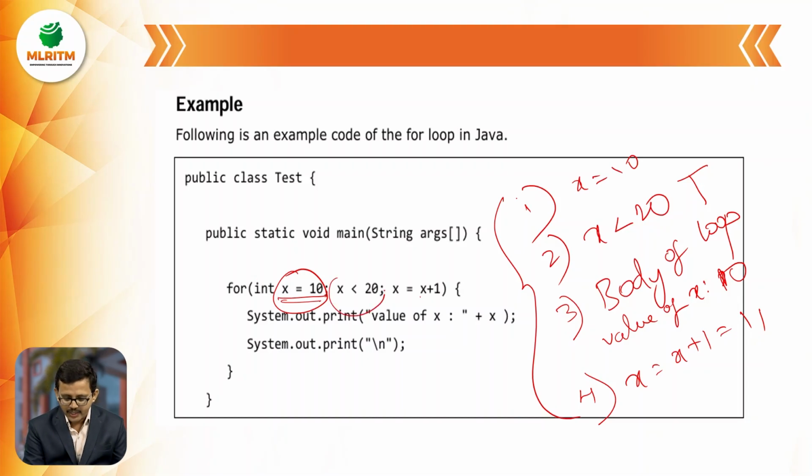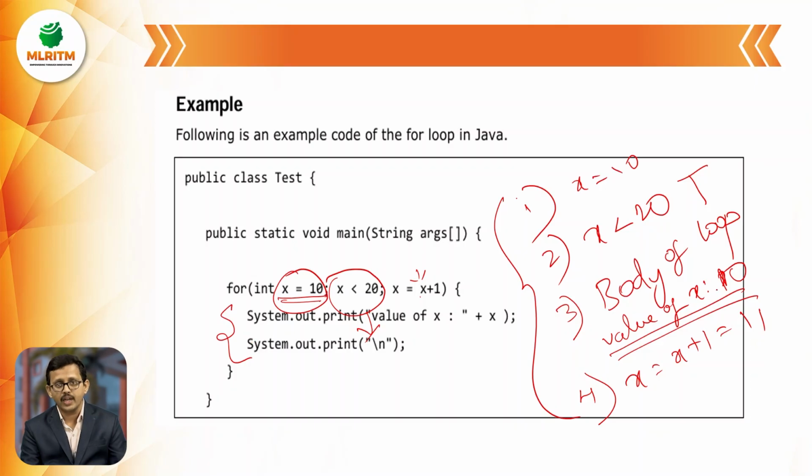Then it goes to the condition statement, x less than 20, and checks whether the condition is true or false. If it is false, the loop is terminated. If it is true, it goes to the body, not to the iteration. It executes whatever body we are writing. Then it goes back to the iteration. So this is how the for loop works.